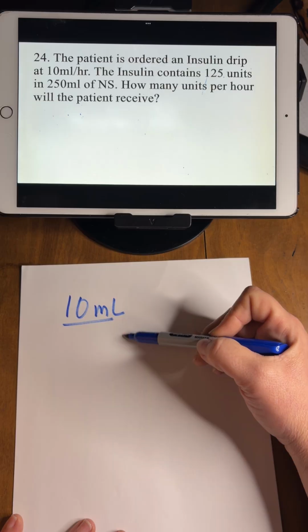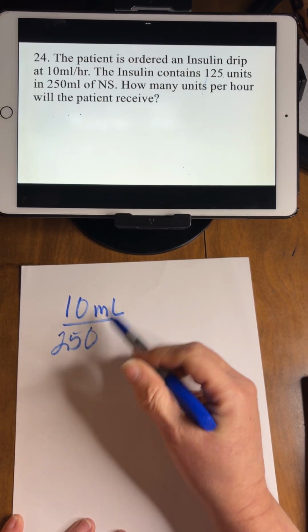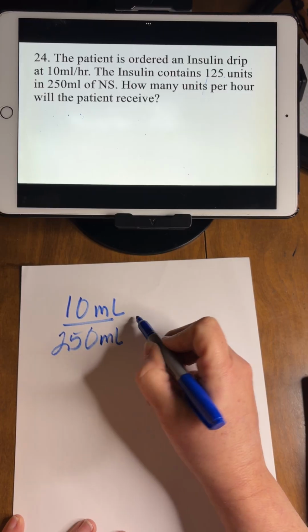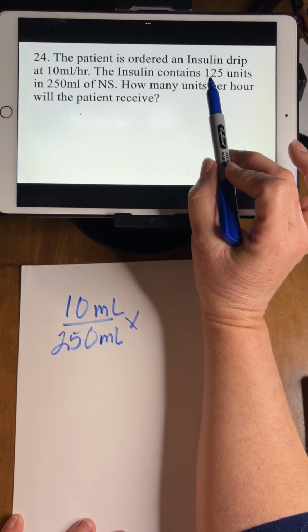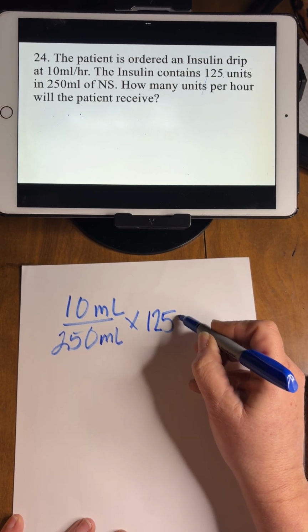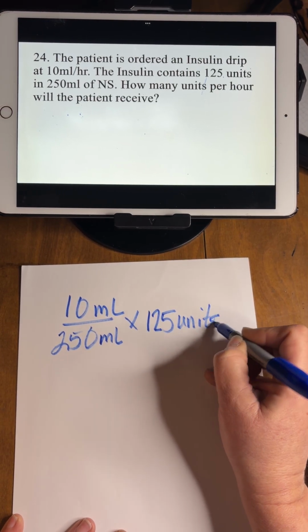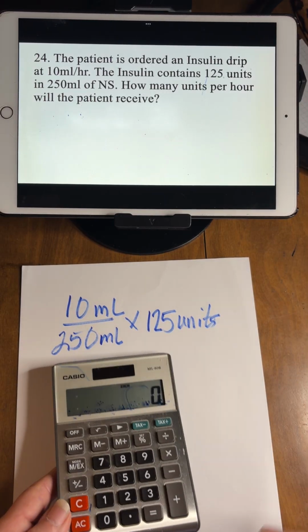So what do I have that goes in here? 250 milliliters, because they have the same last name. How does that 250 come? With 125 units in it. And so this is a dose order over dose on hand, and we're finna do it.